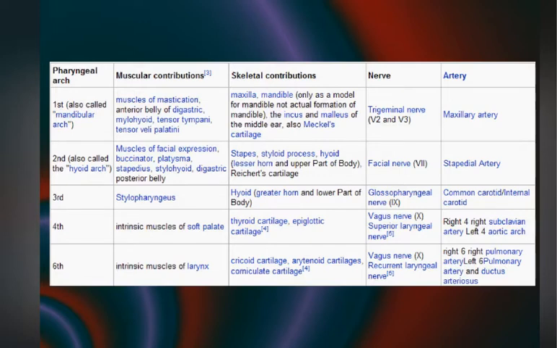V3 means the third branch of the trigeminal nerve, which is the mandibular branch. V1, which is not involved here, is the ophthalmic branch of the trigeminal nerve.